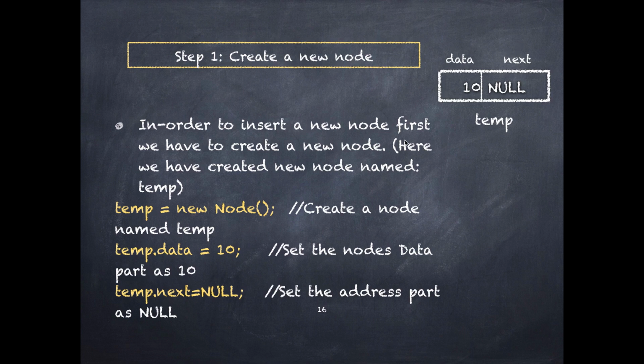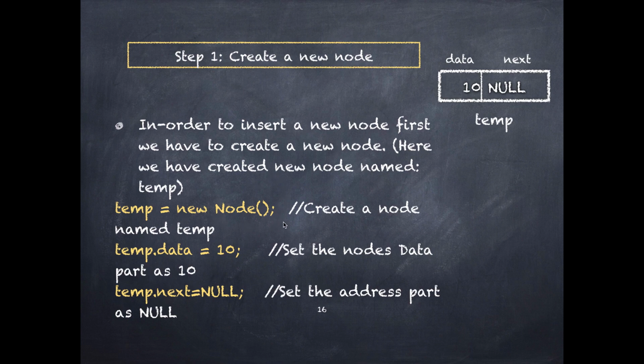Now in order to insert this new node as the first node, we have to create a new node. Here we have created the new node named temp. Assume that this step will create a node. For time being discard this.